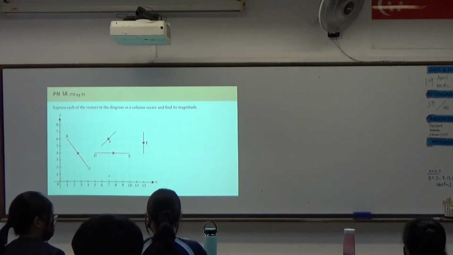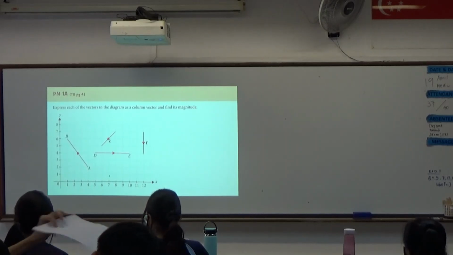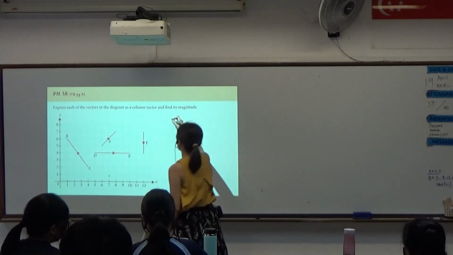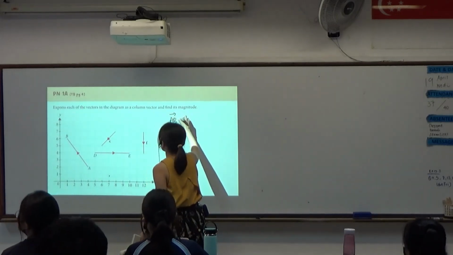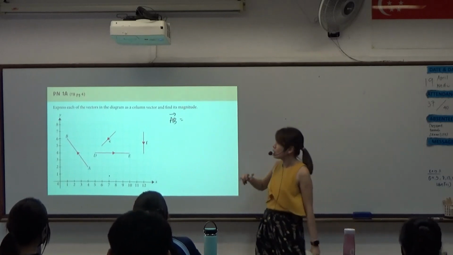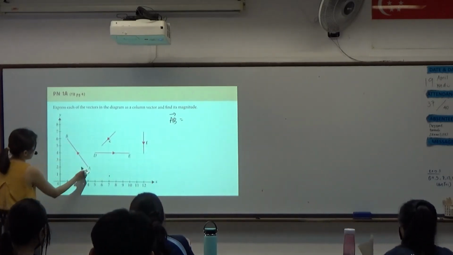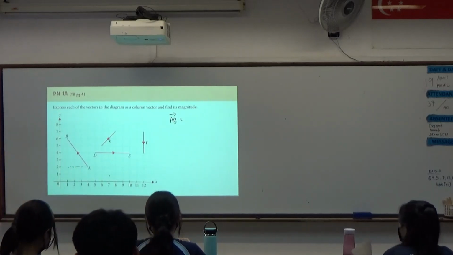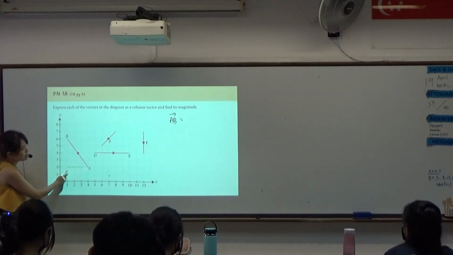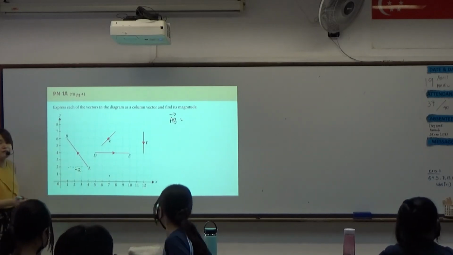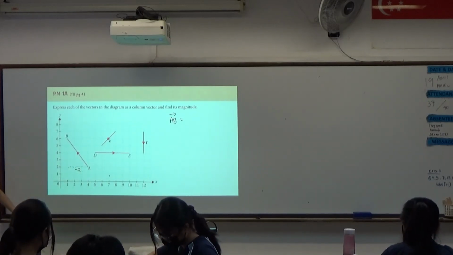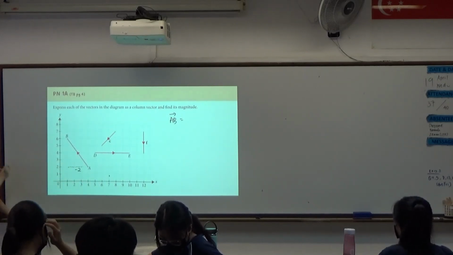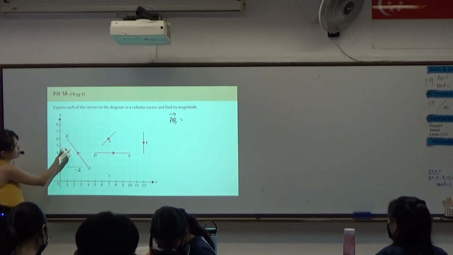So let's just check our answers. For the line segment AB, or rather vector AB, what we see as our column vector is the x direction starting from A, because A is the starting point. Towards the left, we recognize that there are negative 3 units, because the way we count our units is that on the right is positive, on the left is negative. And then we move upwards, vertically.